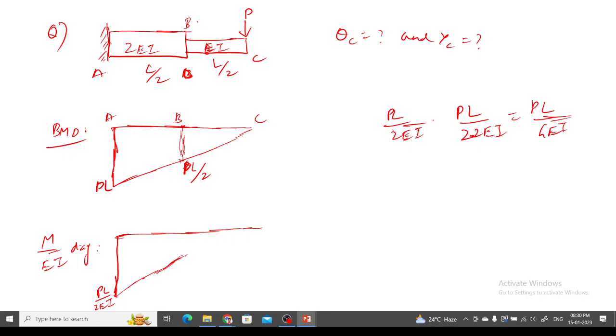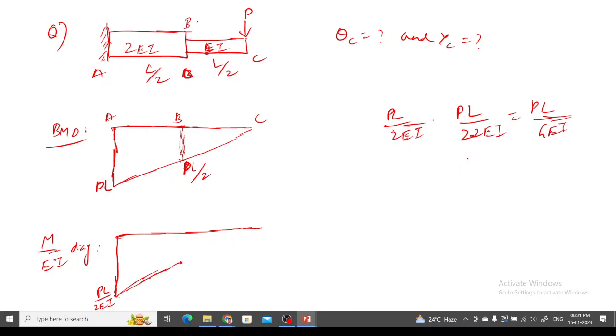PL by 4EI. Is it 5 by 16 PL square by EI? Yeah, 5 by 16 PL square by EI. That is the slope value, theta C. So this will be a straight line with PL by 4EI.